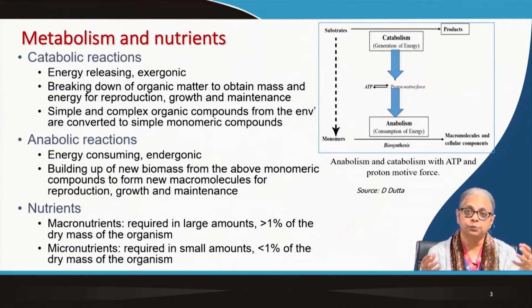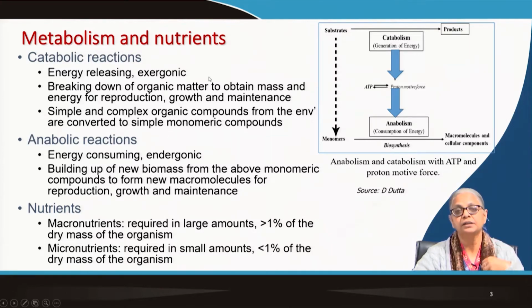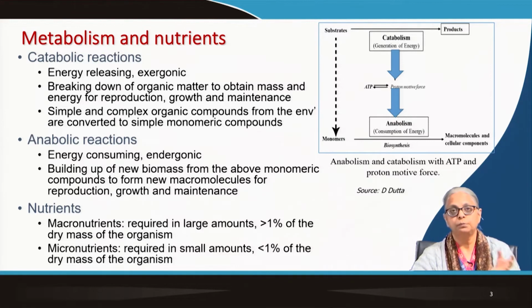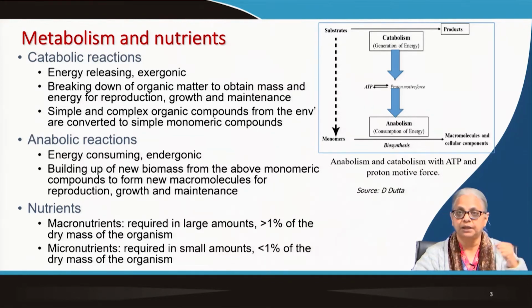These new macromolecules will replace damaged ones, or they will be used for reproducing and creating new biomass, new cells, and so on. So catabolic reactions by definition are energy releasing and energy generating, and that is the source of ATP. So here is ATP generation. This ATP is then utilized in anabolic reactions to go from monomeric units to polymeric units.